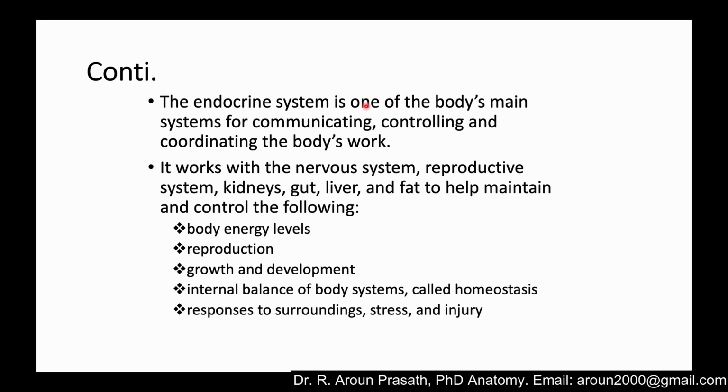The endocrine system is one of the body's main communication systems, controlling and coordinating the body's work. The important functions are body energy level maintenance. Sometimes the blood sugar goes up, sometimes it comes down, and all this balance is maintained by the endocrine hormones. Then reproduction, for which hormone secretion is very important. Then growth and development, for which the growth hormone is very essential.